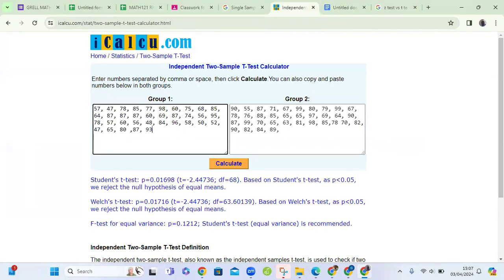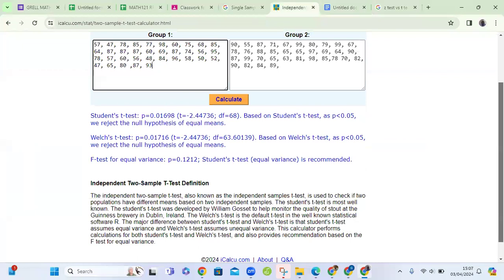And the hypothesized value is the difference between them. There's no hypothesized mean. We're just comparing two sets of values to see which one is higher.